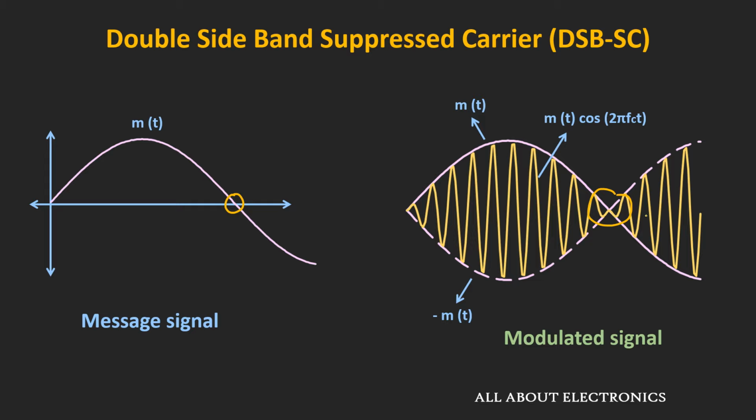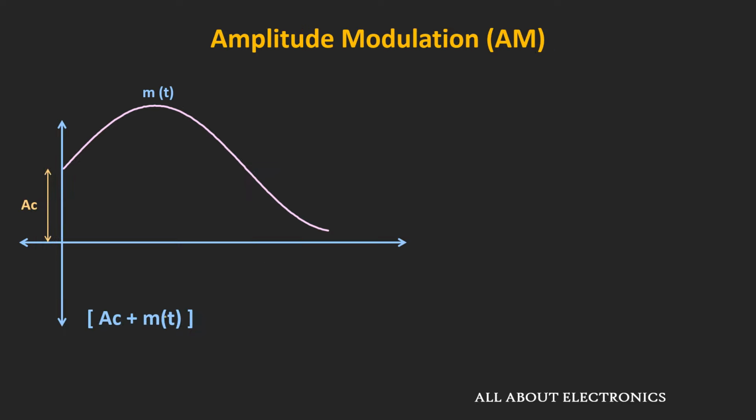But for a moment, just keep this in mind. For asynchronous demodulation of this AM signal, Ac + m(t) should be greater than or equal to 0, so that we can avoid the zero crossing and eventually the phase reversal. So considering this condition is satisfied, let us see the modulated output.